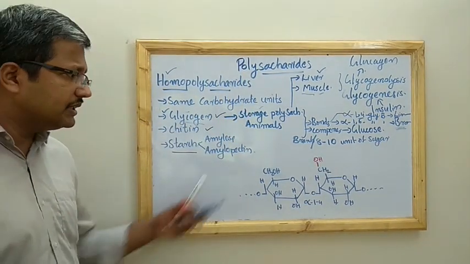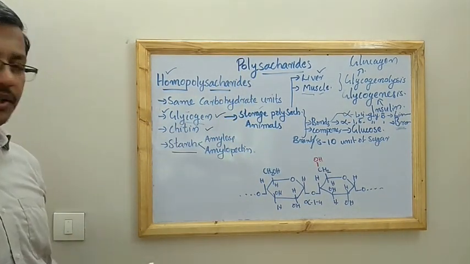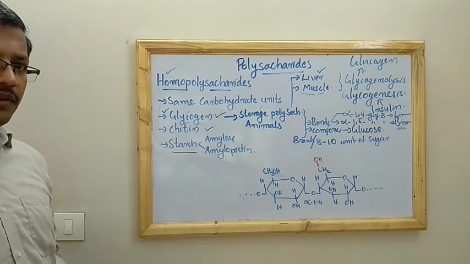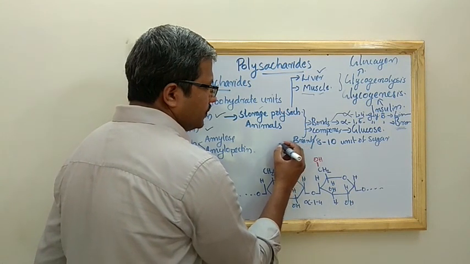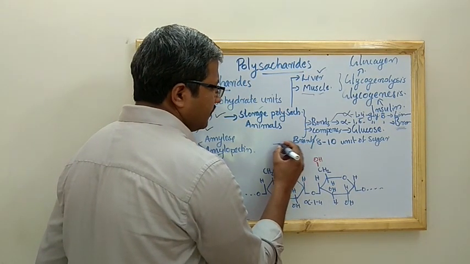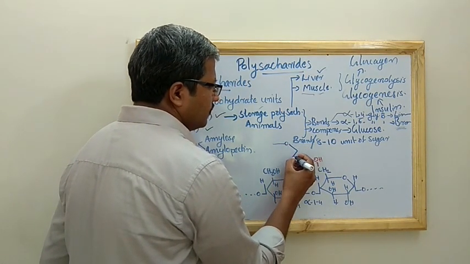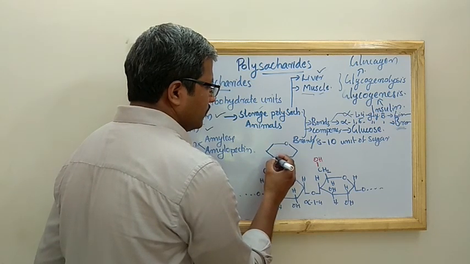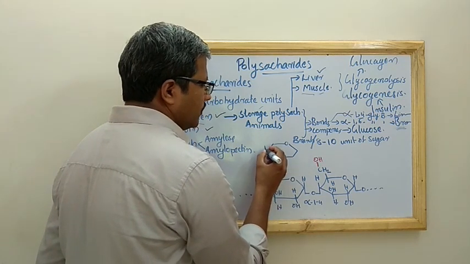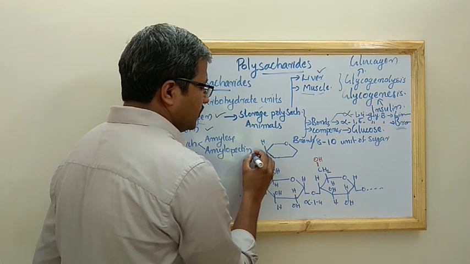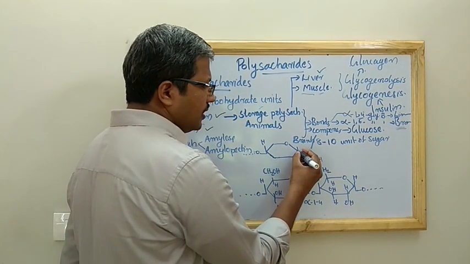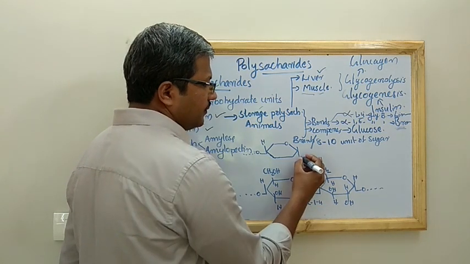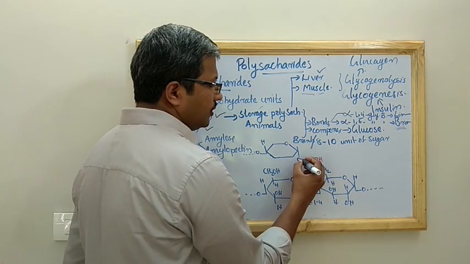Now I need another glucose residue that is coming through here. Okay, so the alpha 1,6 linkage is there. So another glucose molecule's branching is happening. So O, H. So it's another linear polymer that is going to link with this particular linear polymer. So we are having again one OH.